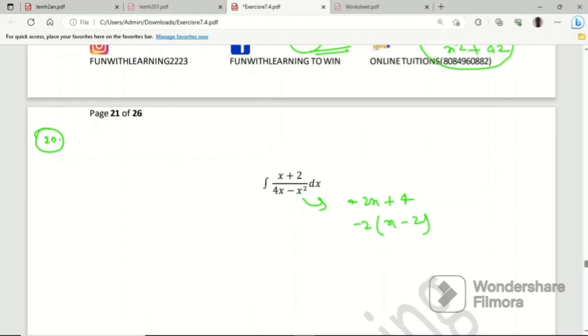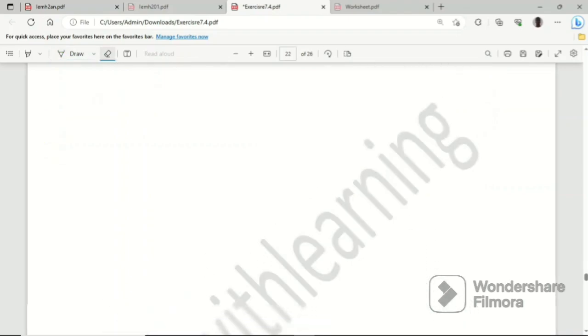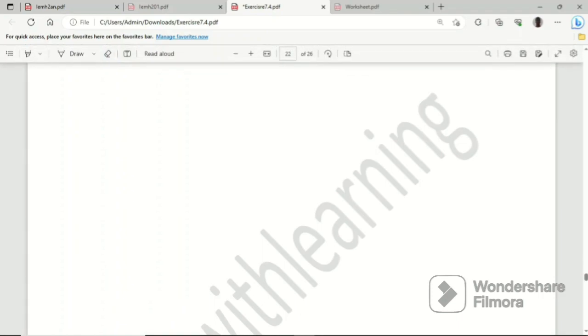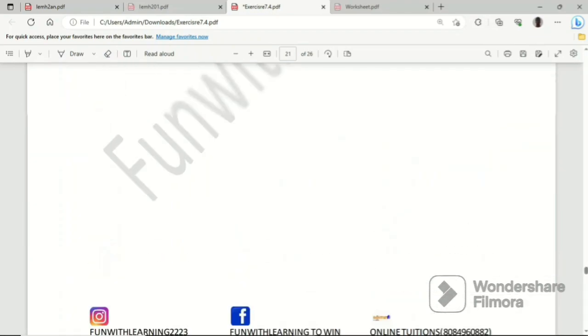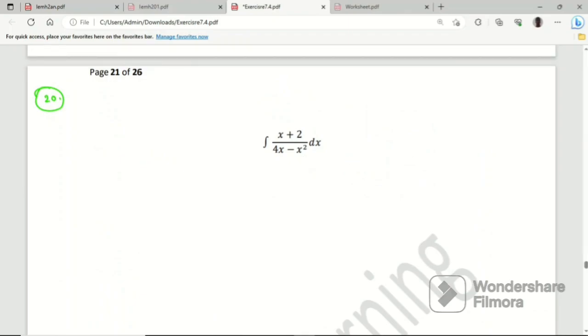But yes, we can do one thing. We can use our mind to make it shorter. Yes, what we'll do, we'll use substitution method obviously.